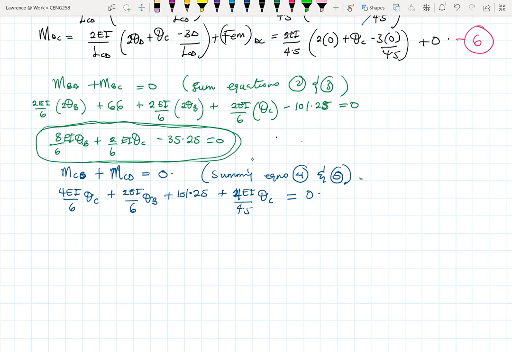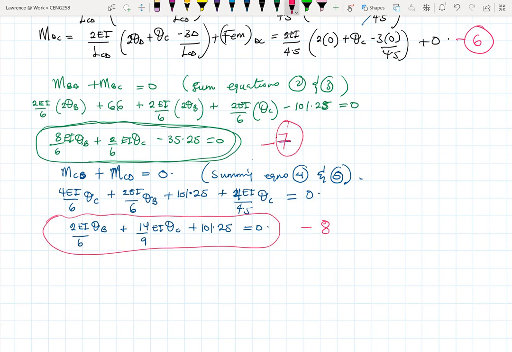Usually I prefer to write them in fractions. So here we can see that it's easier to just solve equations 7 and 8 simultaneously, and then find theta C and theta B. All right. So solve equations 7 and 8. If we are to do that, what will we get?